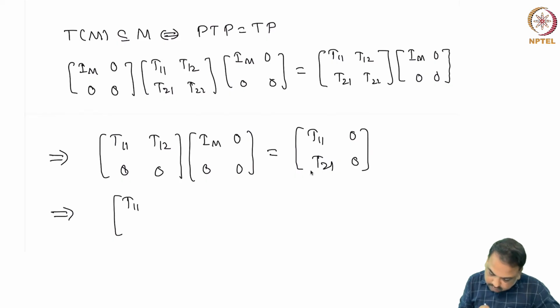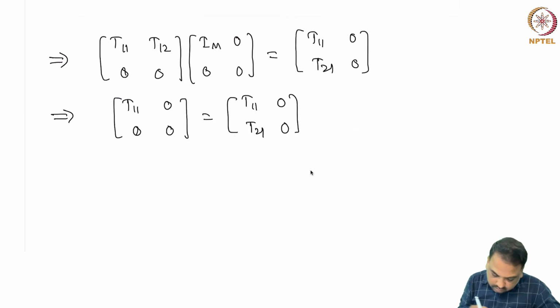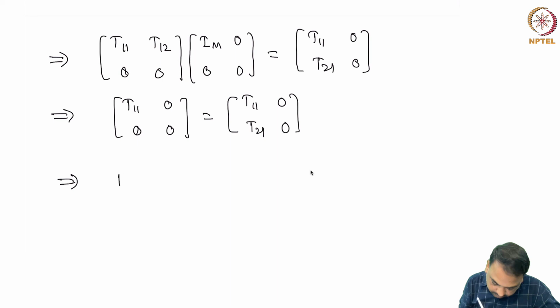So this implies that T11, 0, 0, 0 equals T11, 0, T21, 0. So from this we can say that T21 is 0.